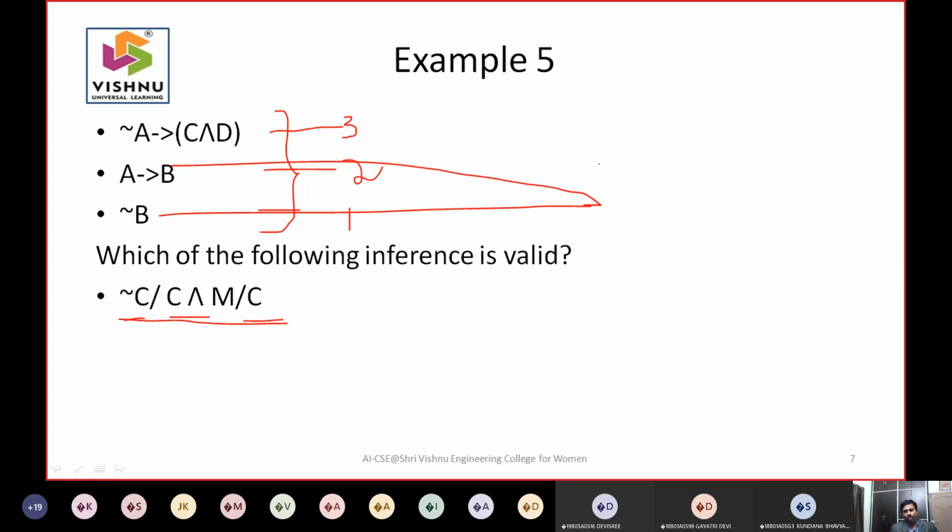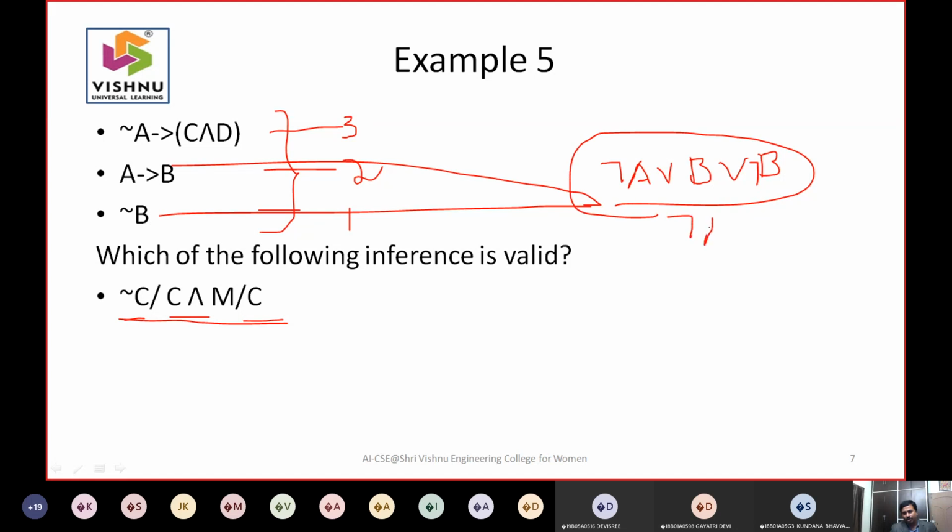A implies B is negation of A or B, and you have a negation of B here. So negation of B will come here, and obviously this value is negation of A. And I can combine this negation of A with this one.